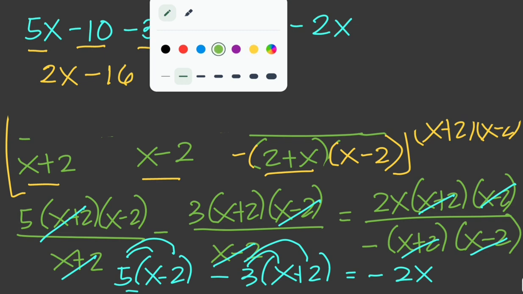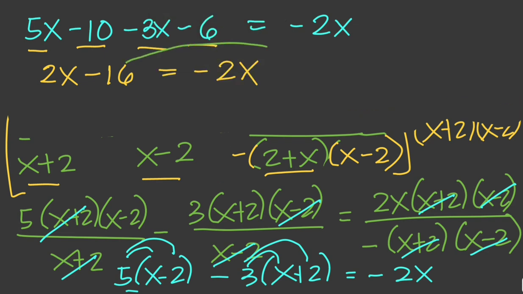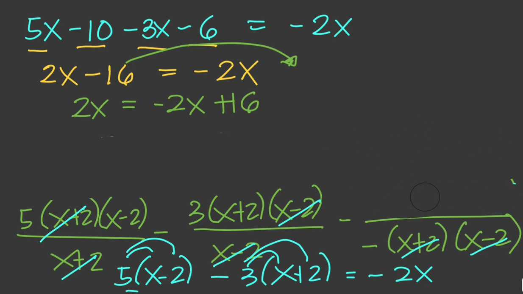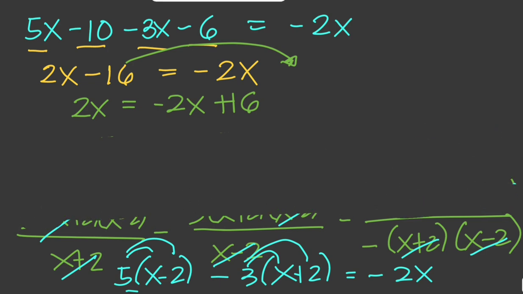Then we transpose negative 16 to the right, so it would become positive 16. So our equation would become 2x equals negative 2x plus 16. And then we also transpose negative 2x to the left. This would become positive 2x plus 2x equals 16.